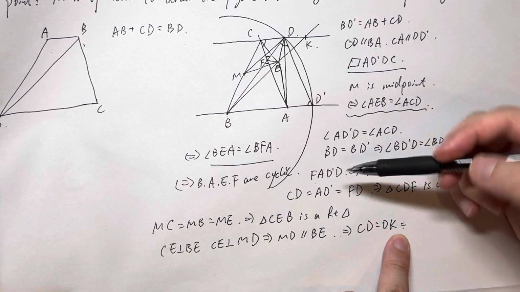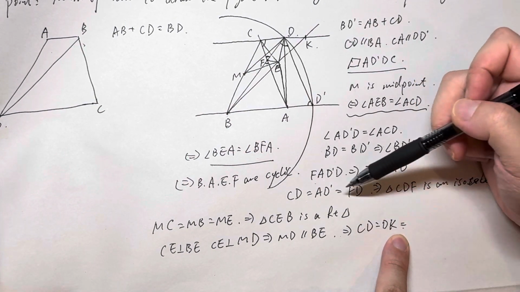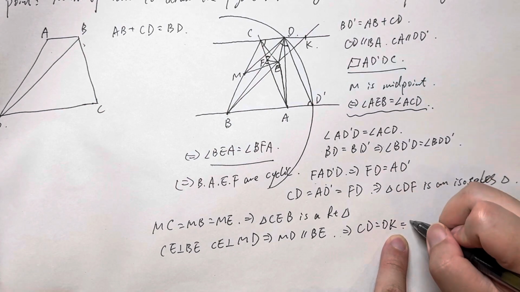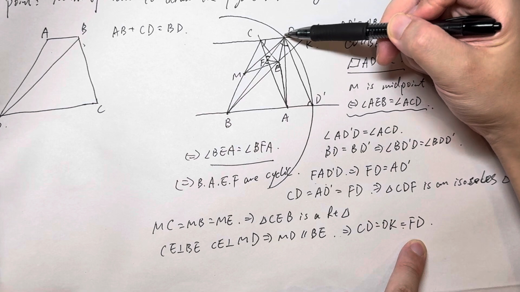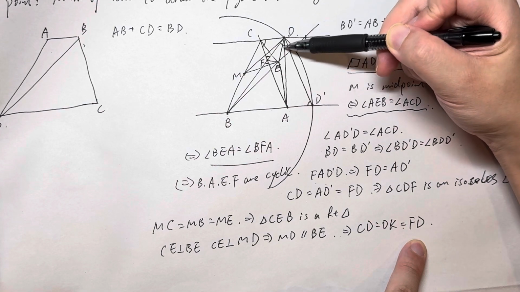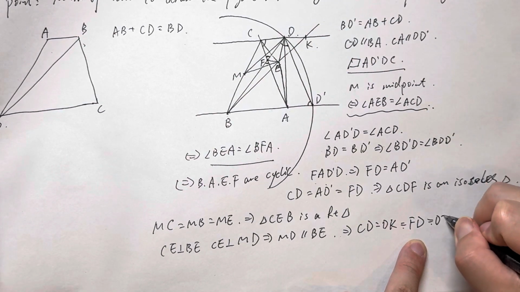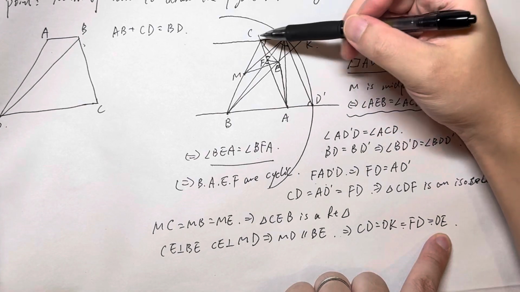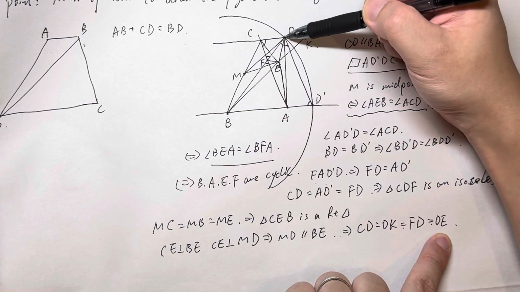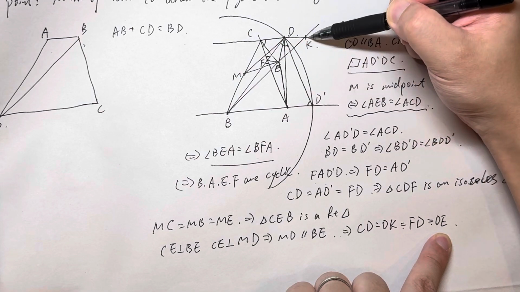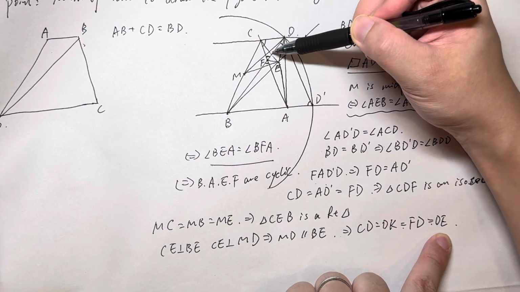And we already know that CD equals AD prime equals FD, which means DC equals DK equals DE, because E is a reflection of C over MD. So DC equals DE equals DK, and also equals DF.